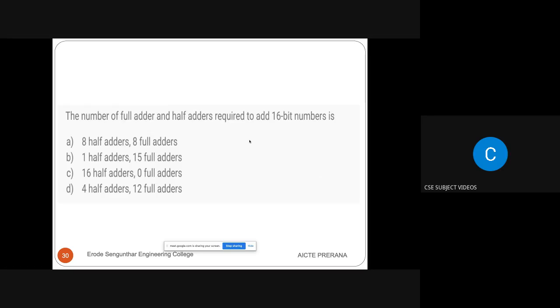For 3 inputs or a 3-bit number, a full adder has to be used. So we are in need of 1 half adder and 15 full adders for adding the 16-bit number.